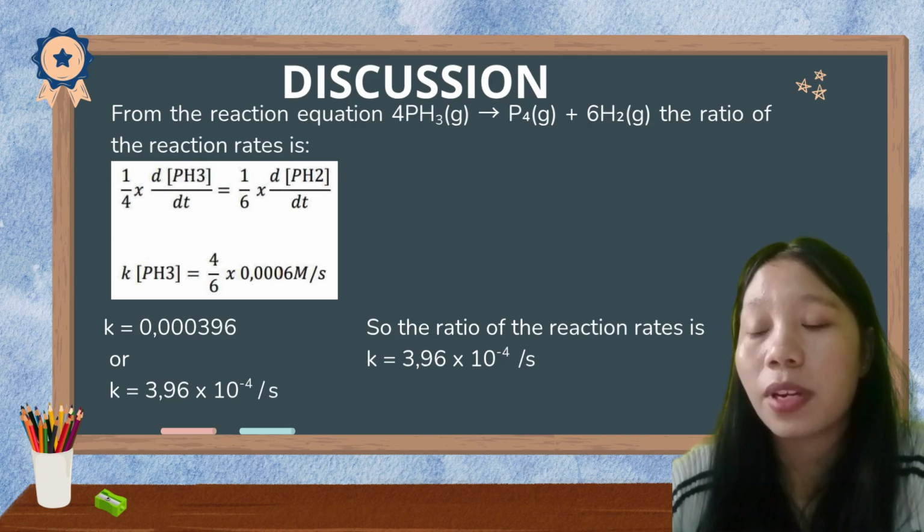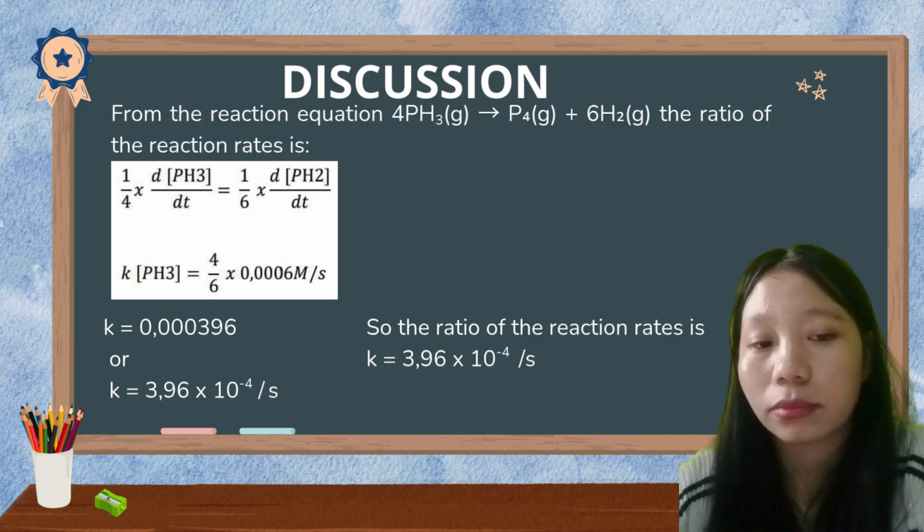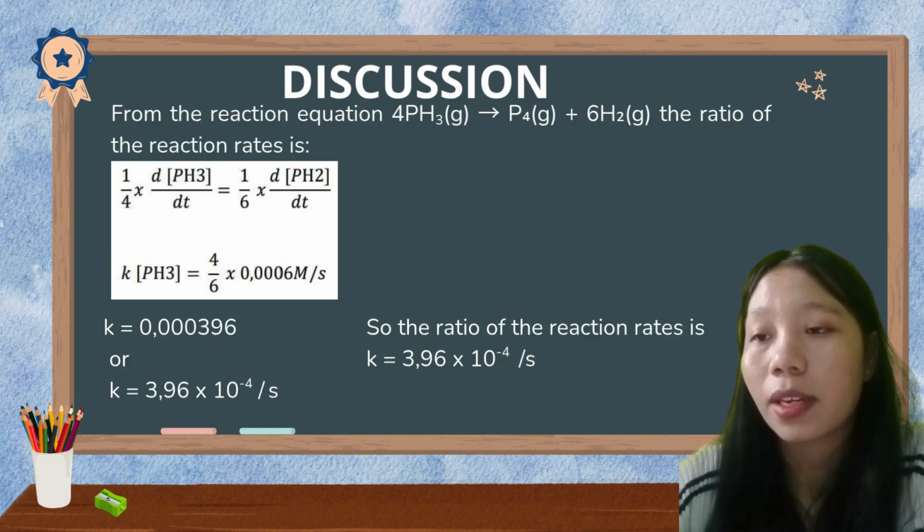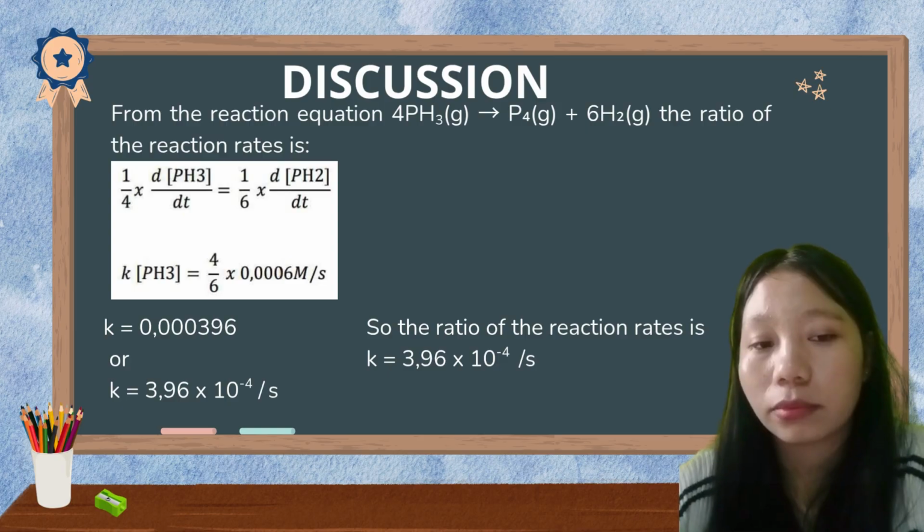And the rate of PH3 equals 4 per 6 times 0.0006 molar per second, which equals 0.000396. So K equals 3.96 times 10 raised to minus 4 per second.